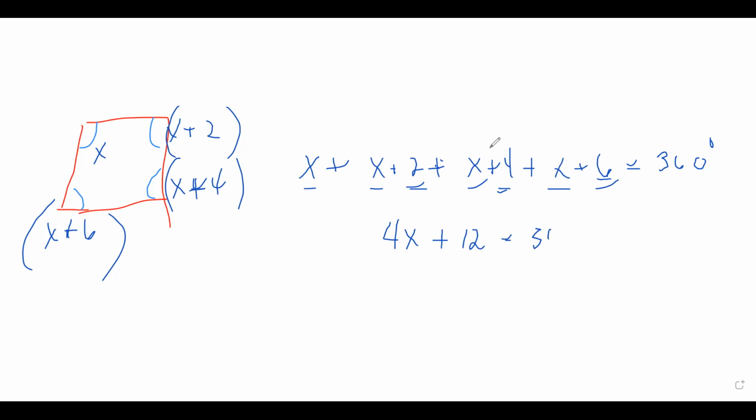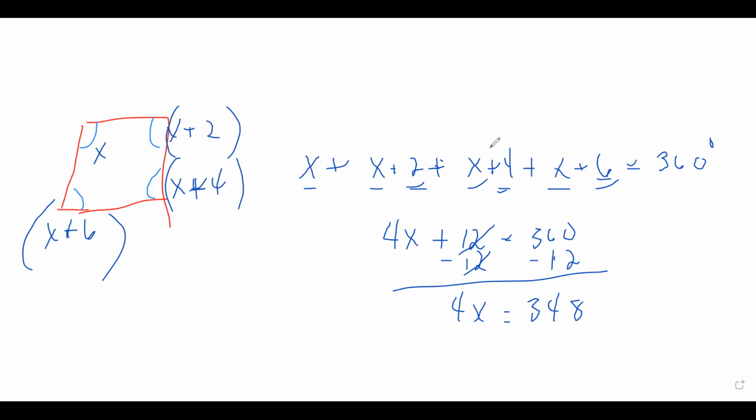Now, like I said, we did this before, right? We actually got 4x plus 12 when I was looking at 4 consecutive even integers. Okay, so let's do 360 minus 12 on both sides. Those cancel, so my 4x equals, and just because I don't trust my math today, 360 minus 12 is 348.